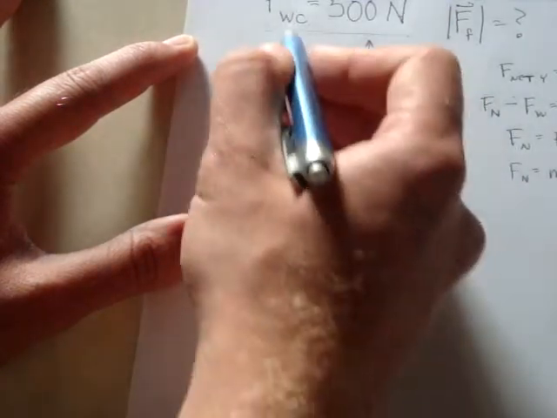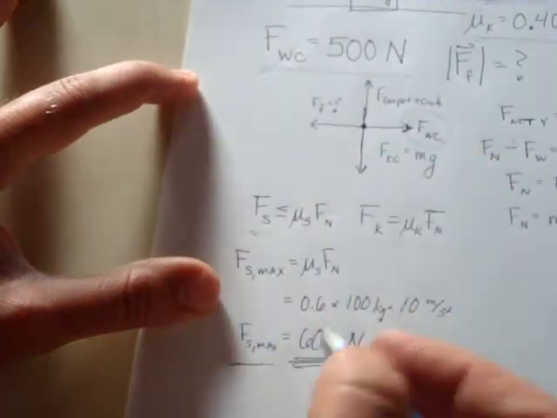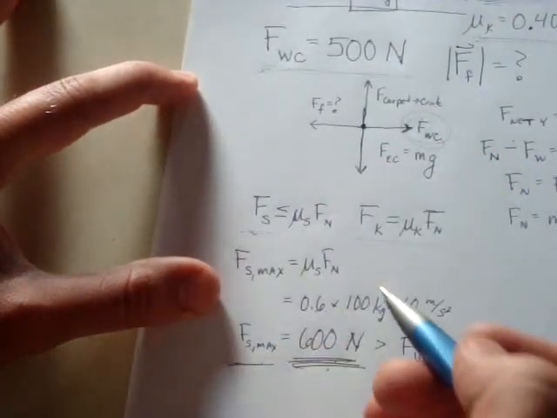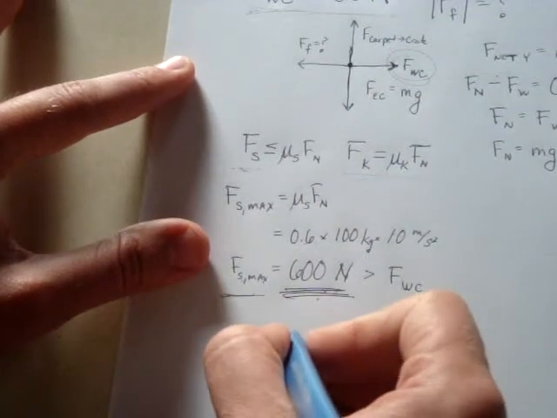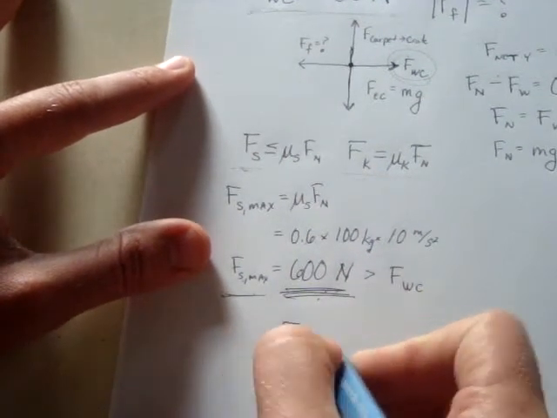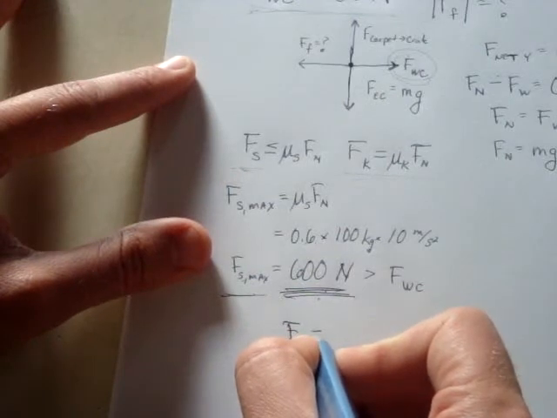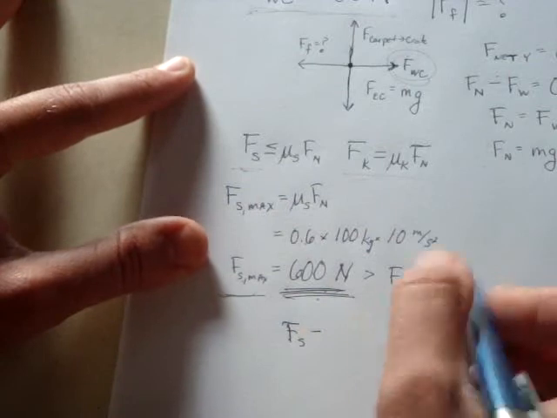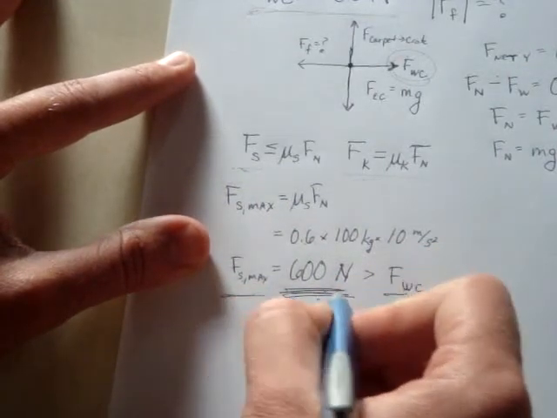It is equal to the force that the worker is putting on the crate, because we know that the static friction is going to be large enough so that there is no movement, up to its maximum value. So we know that this force is less than the maximum static force.